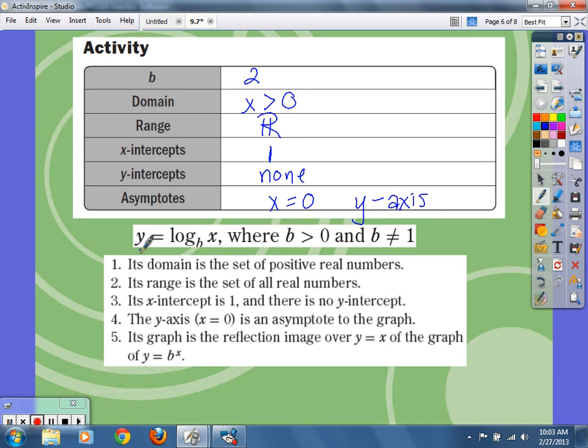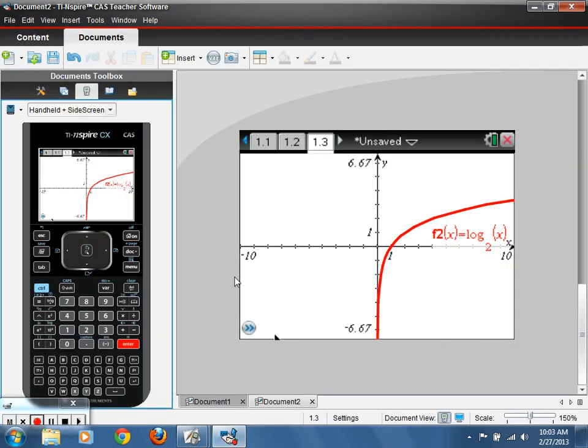If I was to graph y equals 2 to the x on the same screen, we should see a reflection over the line y equals x.